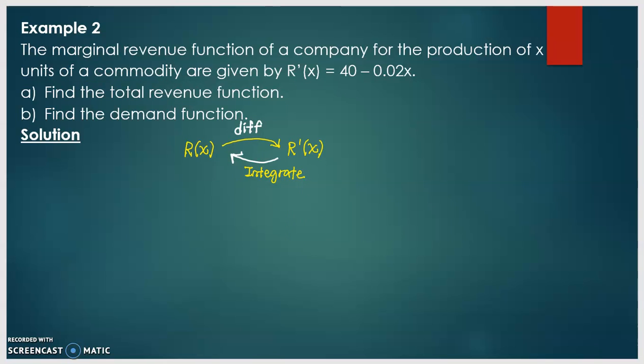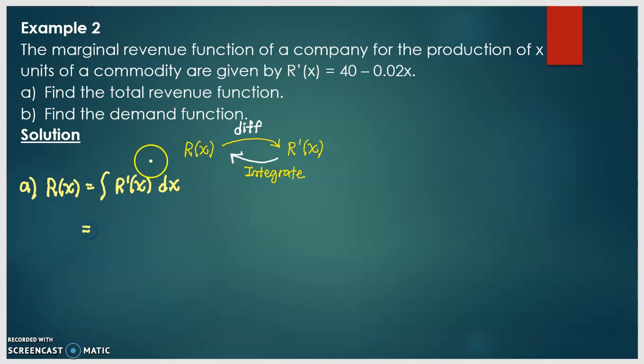So let's say for question (a), find the total revenue function. It means that in order to find R(x) from the marginal revenue function, I need to integrate the marginal revenue function.